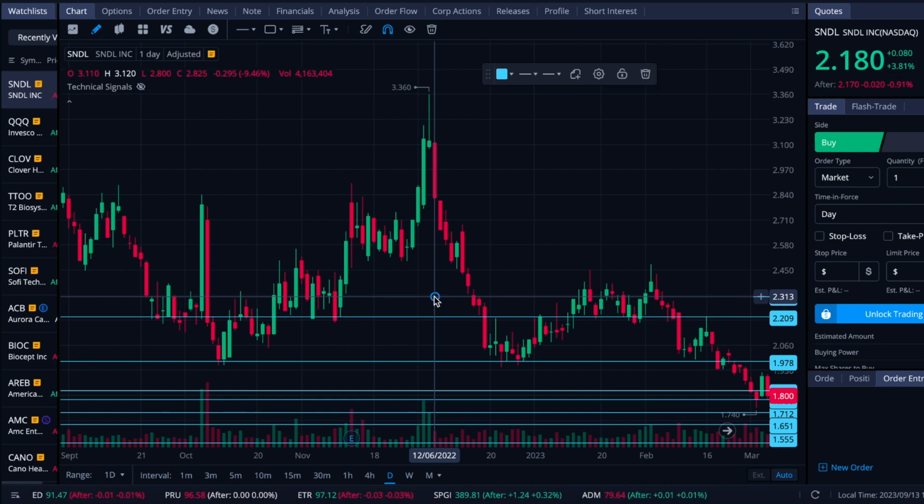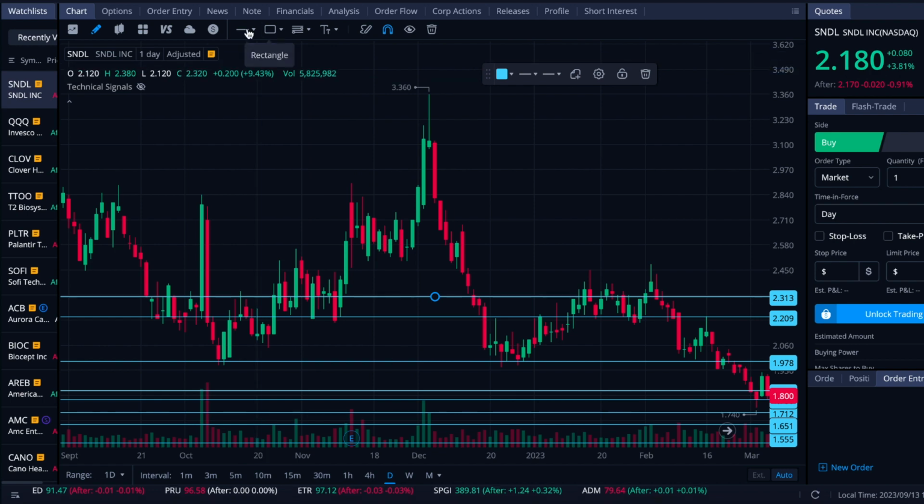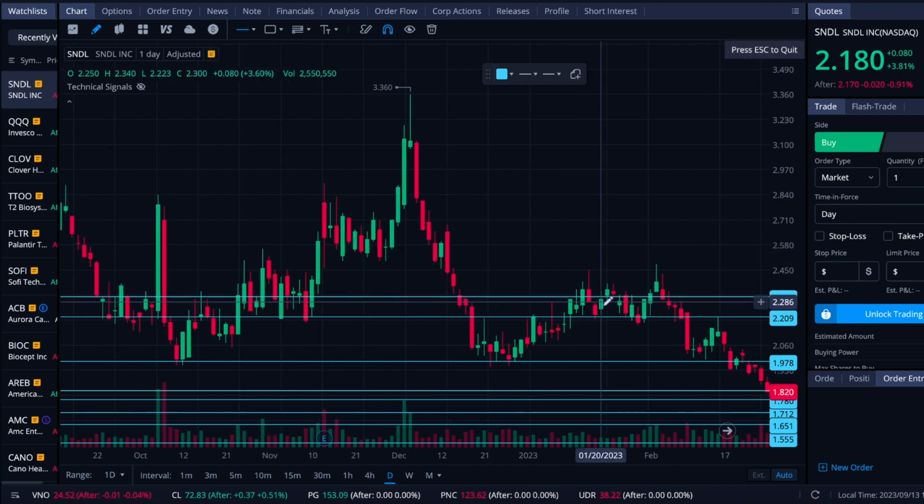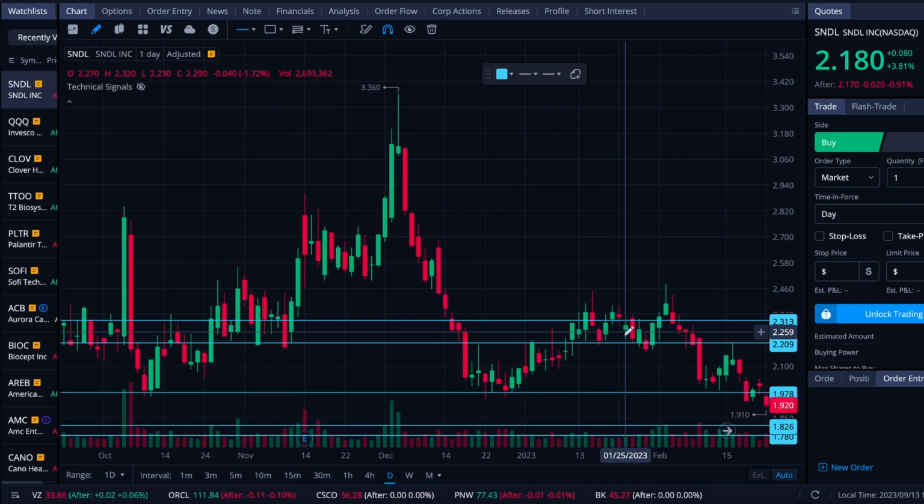Okay, I would say here is a level, 231. And then see if there's anything in between, because 221 to 231 is quite a jump. Yeah, I'd say right about here. It's like a lot of price action, but it's not the cleanest.